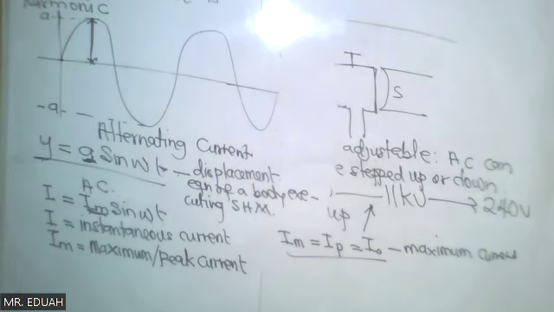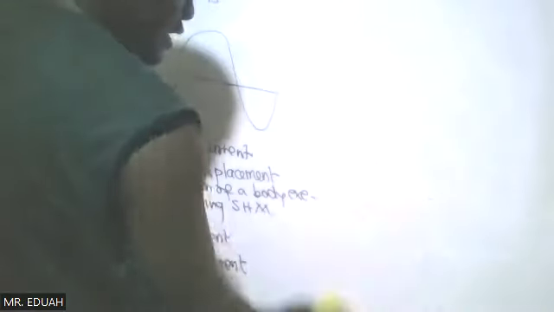AC. You see, whenever there is an EMF induced in a circuit, the EMF drives charges to flow within a conductor. So whenever there is EMF, there will automatically be current because the EMF is the driving force of the charges.